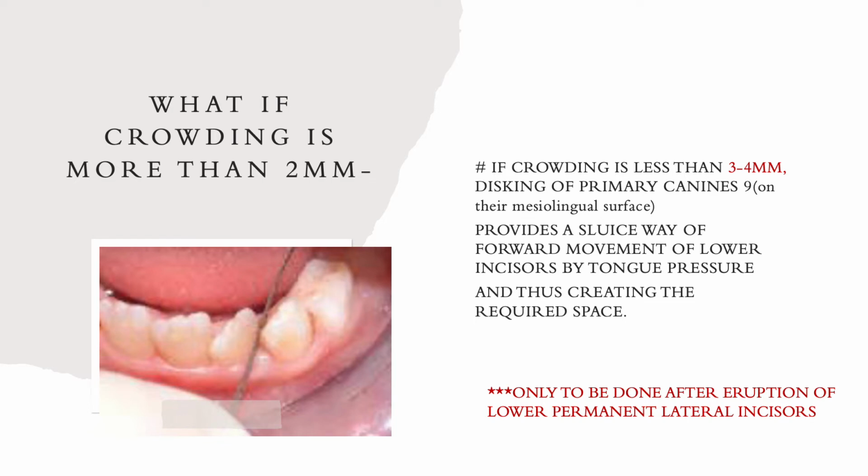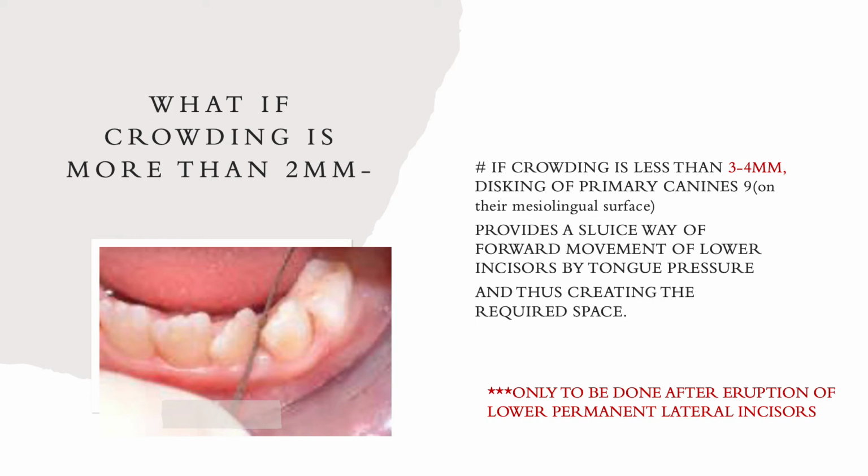When that disking happens, this provides the positive amount of space that is needed, and with the help of tongue pressure, the teeth get aligned, they move outwards, and you see a symmetrical round lower arch.